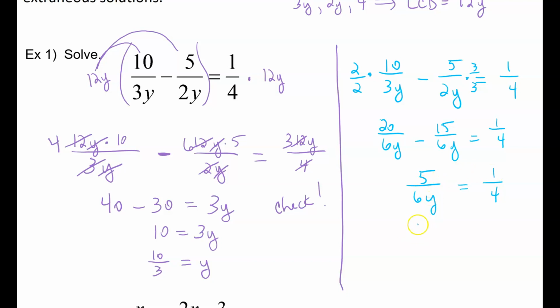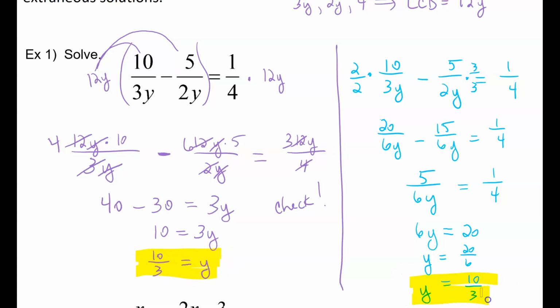6y times 1 is 6y is equal to 5 times 4 is 20. Divide both sides by 6. I get y is equal to 20 over 6, which reduces to 10 over 3. So you can solve with either method.